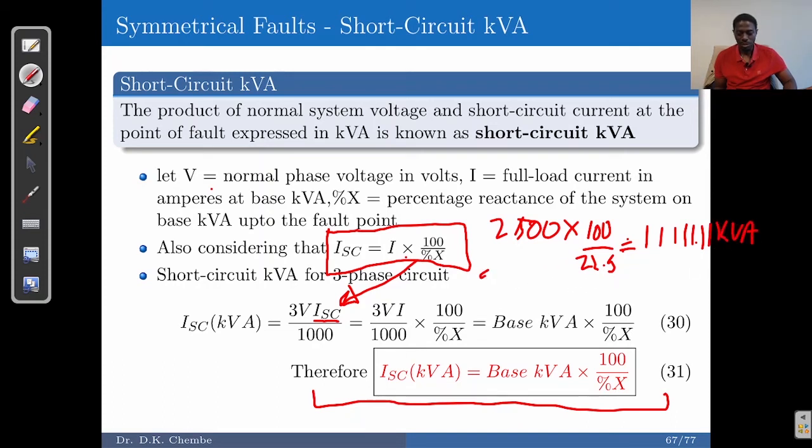In the same scenario, if you pick 5,000 multiplied by 100 over the percentage reactance, which was 45, this is going to give you 11,111.11 KVA. So this proves that the base KVA does not matter. You still get the same result.